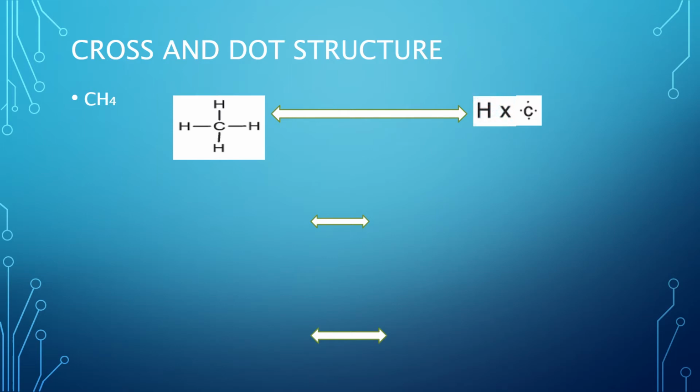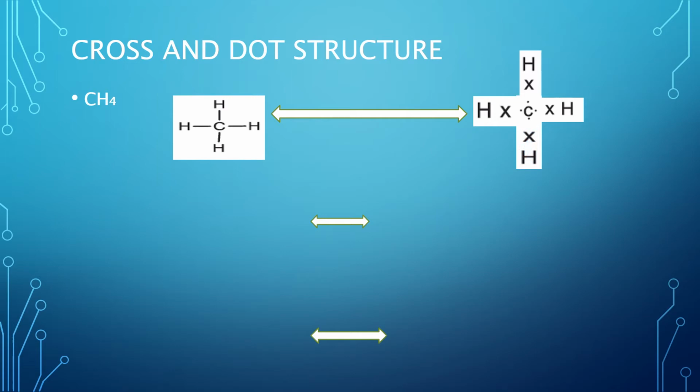Then each hydrogen atom, as it contains 1 electron, the electrons of hydrogen are shown with the help of crosses. So one hydrogen atom has 1 electron, that is shown in the form of a cross. As there are 4 hydrogen atoms, they are written along with their electrons.